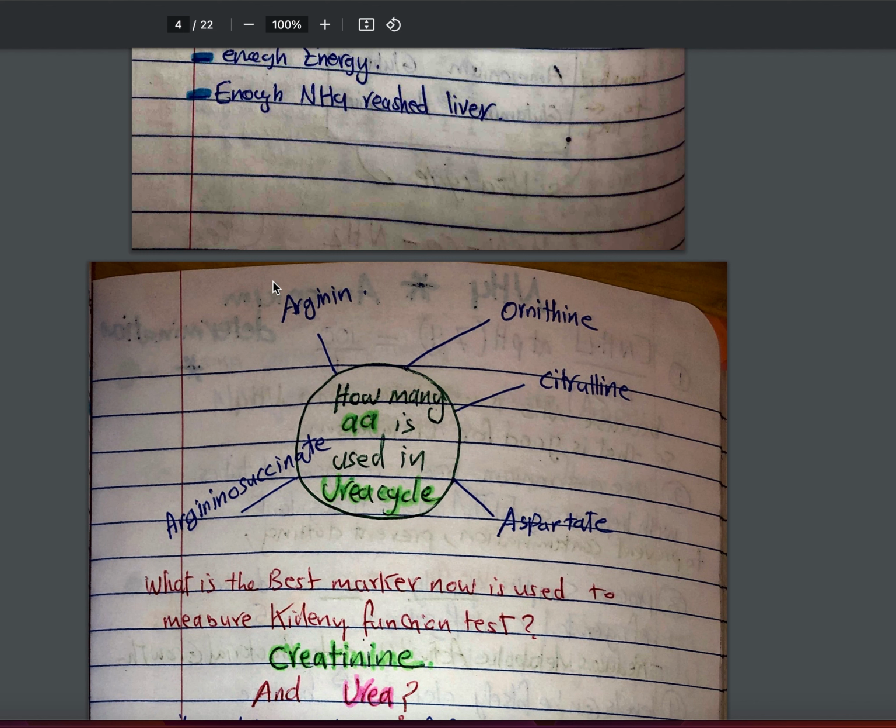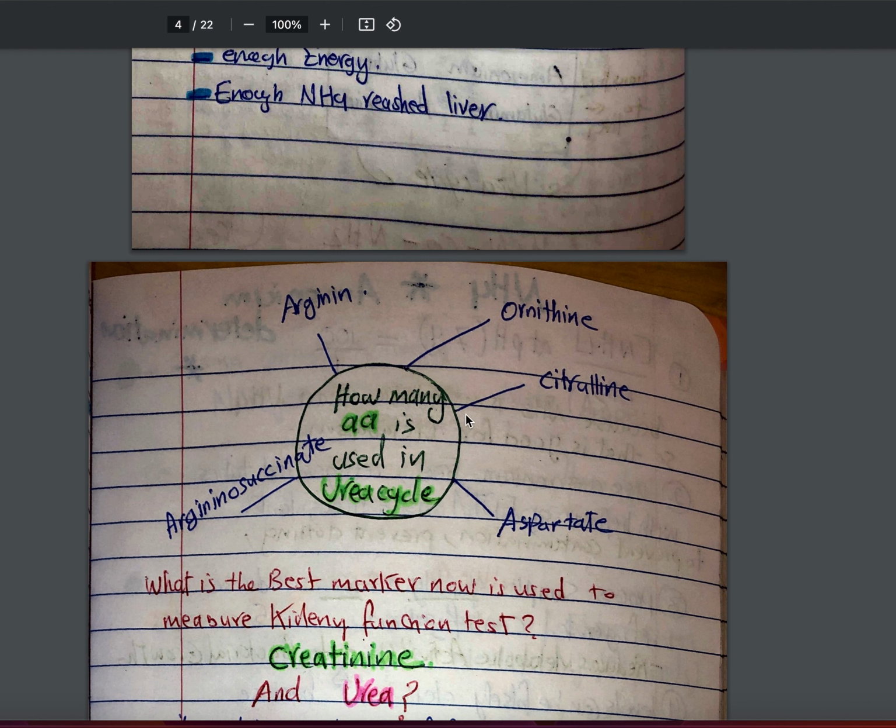I explained the urea cycle in a very detailed form before, but here I'm just talking about some points that we have to care about and memorize very carefully. I will put everything in the description.